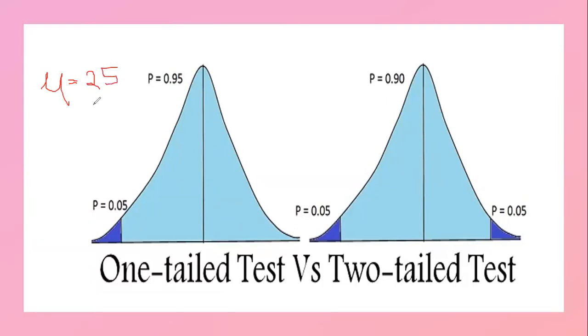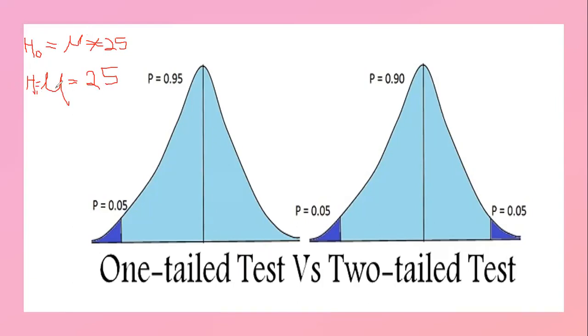So that is the alternative hypothesis. What is the null hypothesis? We write it as H naught: mu is not equal to 25. And the alternative hypothesis says mu is equal to 25.